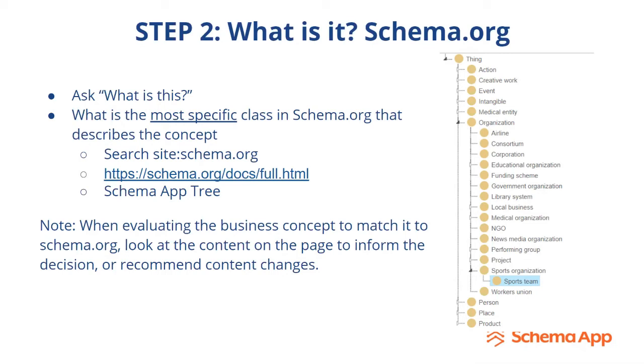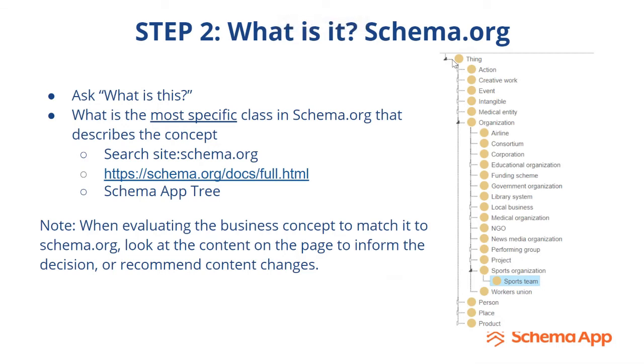I actually recommend you go to that link, schema.org/docs/full.html, and look through that class tree. You can open it up and follow the different branches. What you want to do is start with the most generic schema class, which is Thing, and start following the branch that makes the most sense for the type of content that you have.